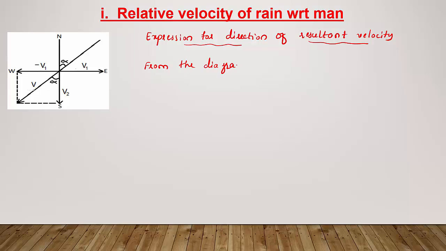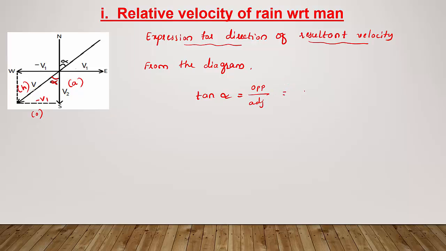Tan alpha equals opposite side divided by adjacent side. This is the opposite side, this is the adjacent side, and this is the hypotenuse. The opposite side is minus V1, the adjacent side is V2.